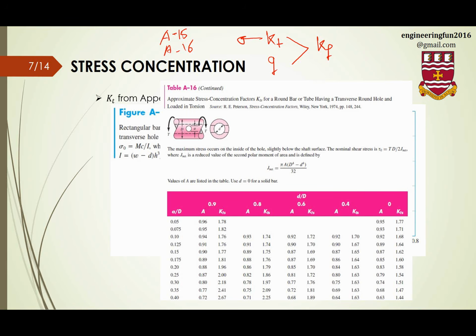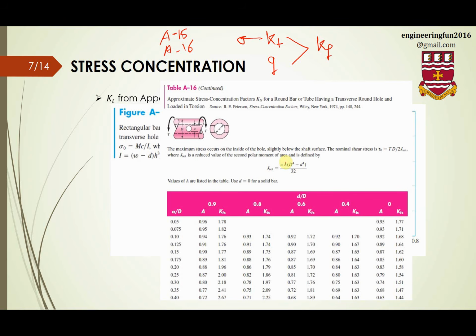For example, if you want to find stress concentration at this point, you need to find J net, and this is pi A over 32 times outer diameter to the power of 4 minus the inner one to the power of 4. Capital D and small d are given in the question.